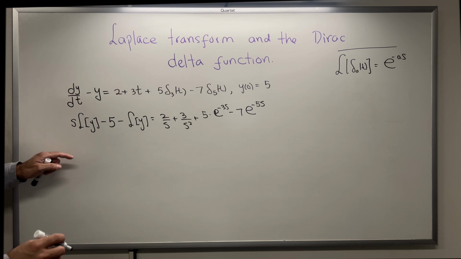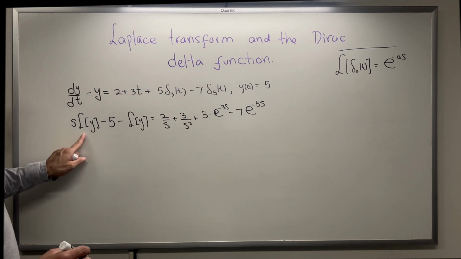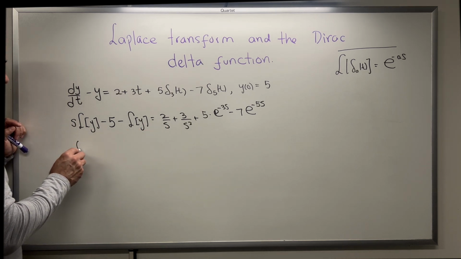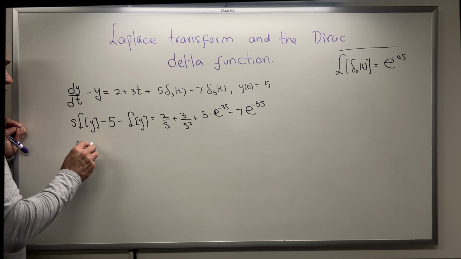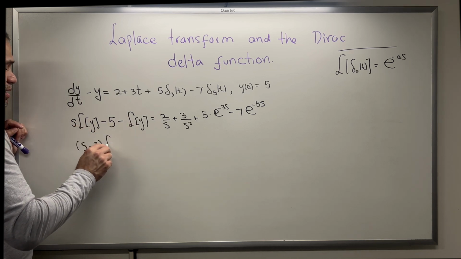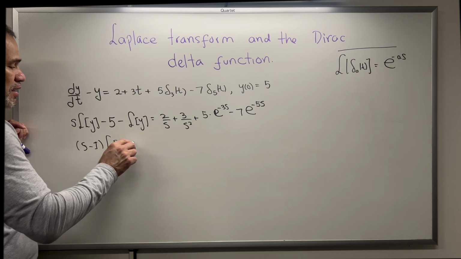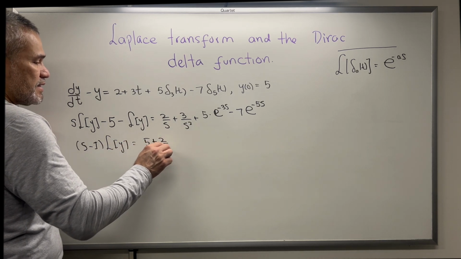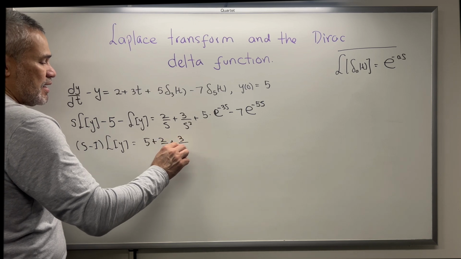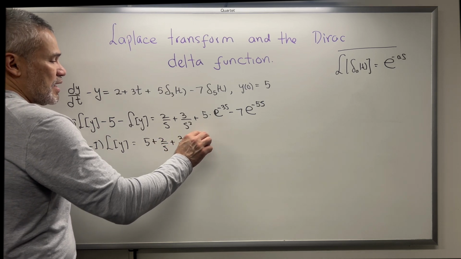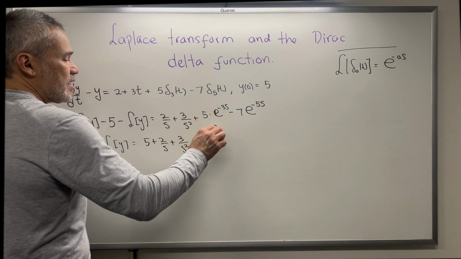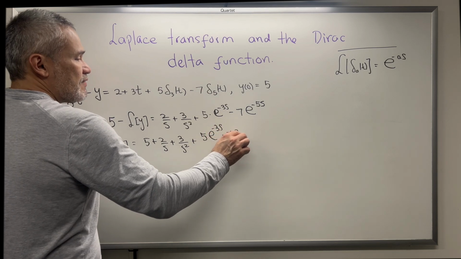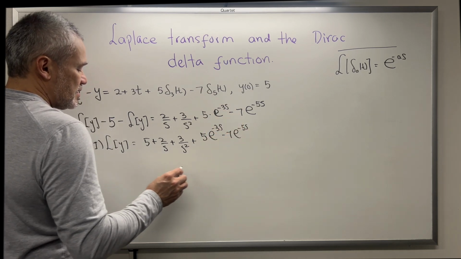Then the next step, as always, is to solve for the Laplace transform of y. Here we have that s minus 1 times the Laplace transform of y is equal to 5 plus 2 over s plus 3 over s squared plus 5 e to the negative 3s minus 7 e to the negative 5s.